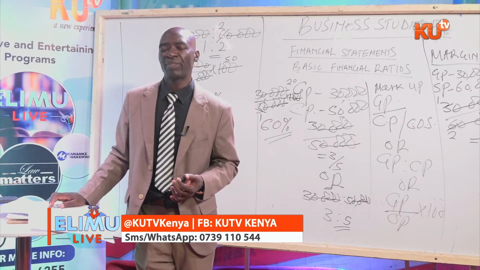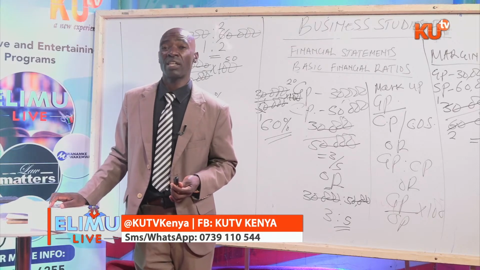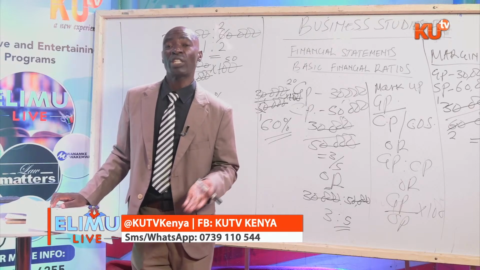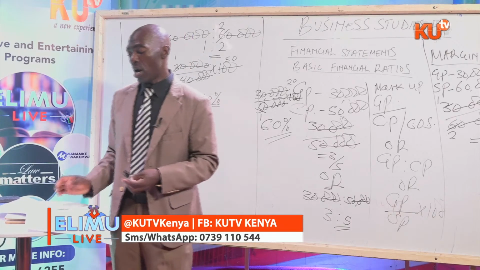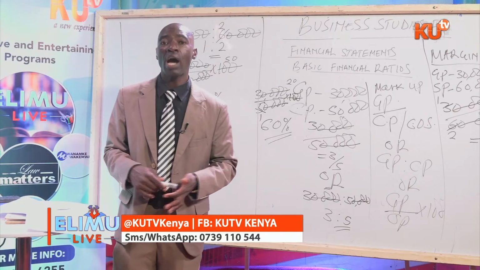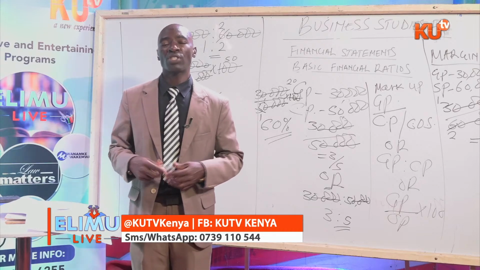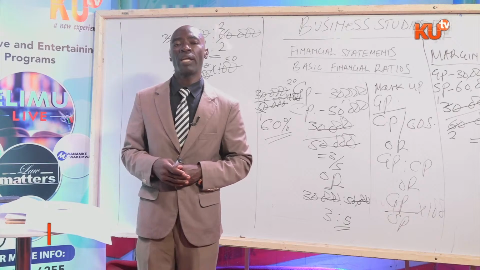Are they current assets or fixed assets? They cannot be fixed assets. They are current assets because an animal can be slaughtered, it can be liquidated. Other examples of current assets are cash at hand, cash at bank, and the debtors. Those are the properties that do not last longer.